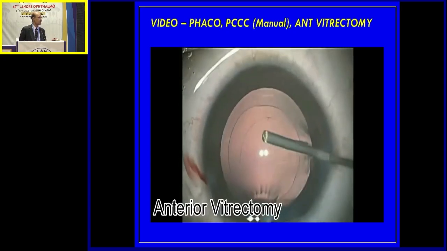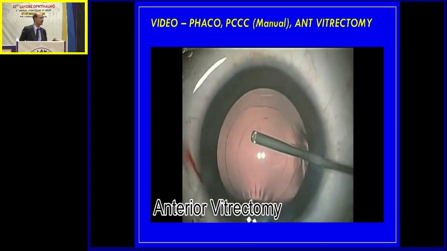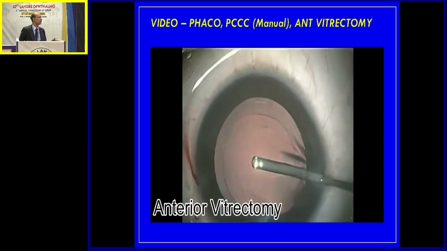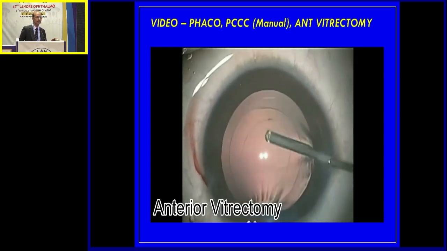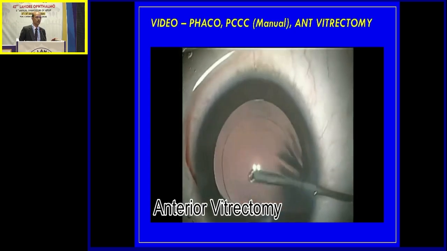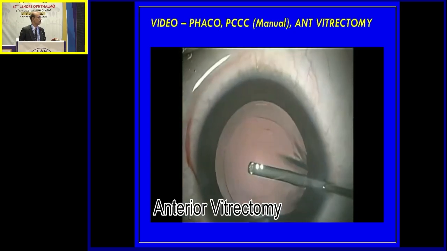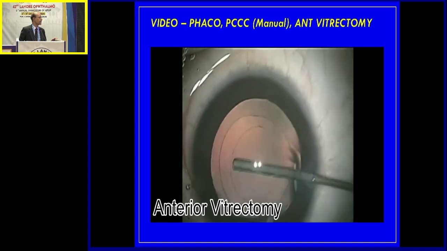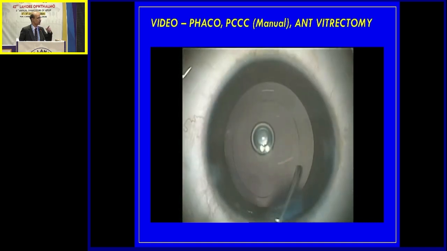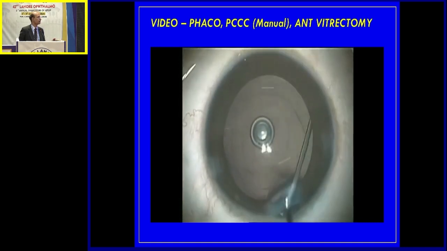In a child the wound is very stable, not so in adults as the age grows. Anterior vitrectomy to prevent opacification of the anterior vitreous face is mandatory under the age of 5 years. From 5 to 8, just do posterior capsulotomy, that is enough.